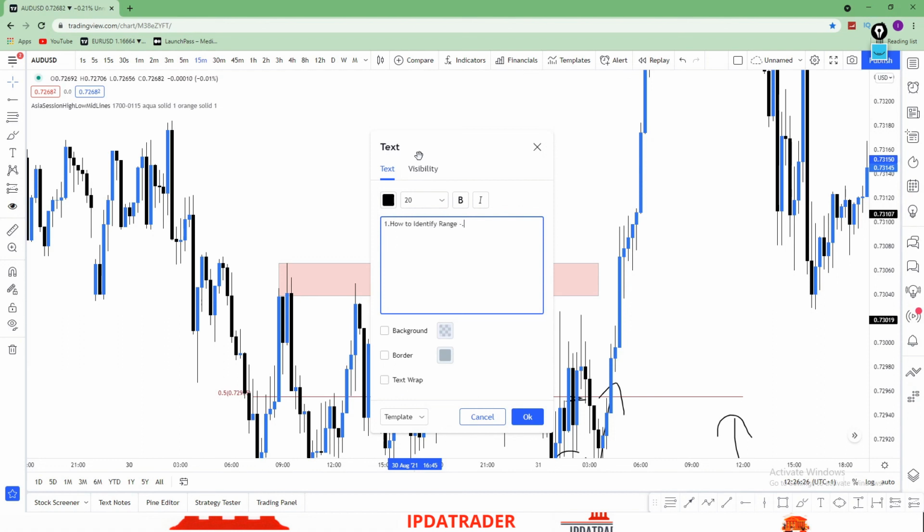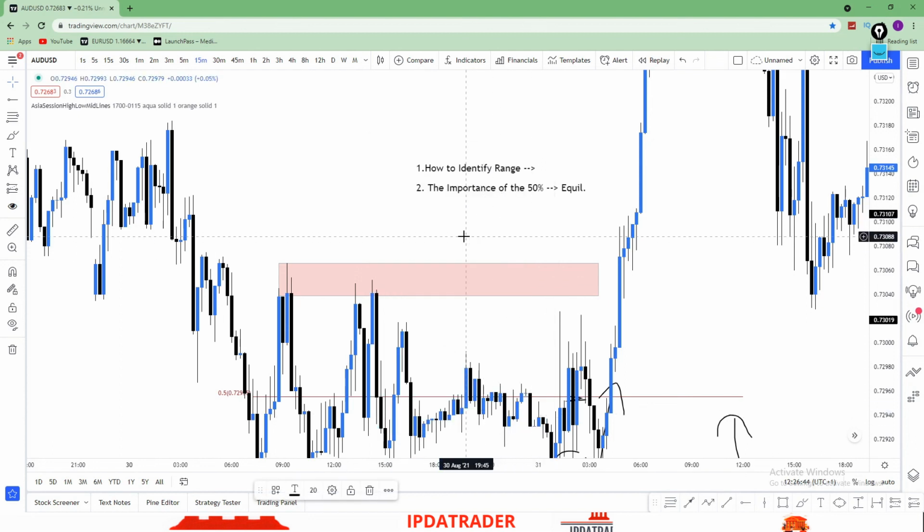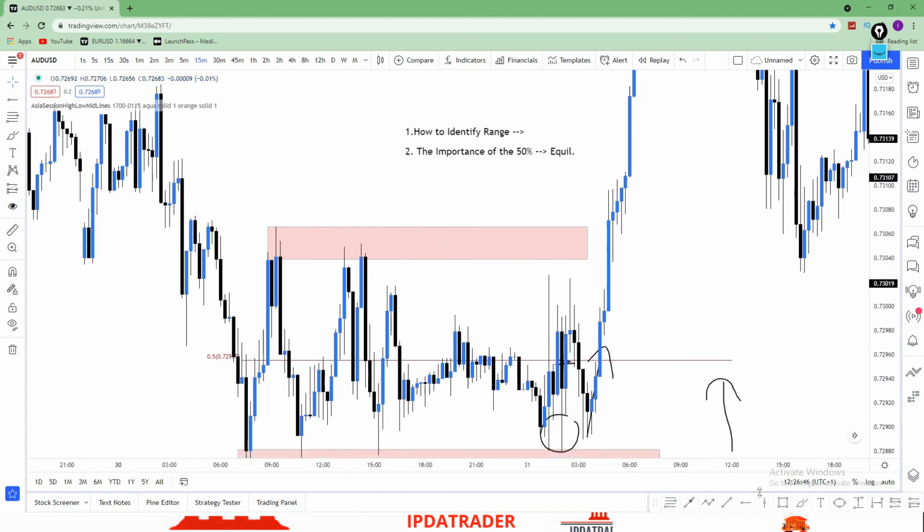And one idea on whether a range may continue and how to take advantage of that, right? The very next thing you've learned today is the importance of the 50%, which stands for equilibrium. And another thing you've learned today is about those expensive and cheap prices, right, that the algorithm actually sees.